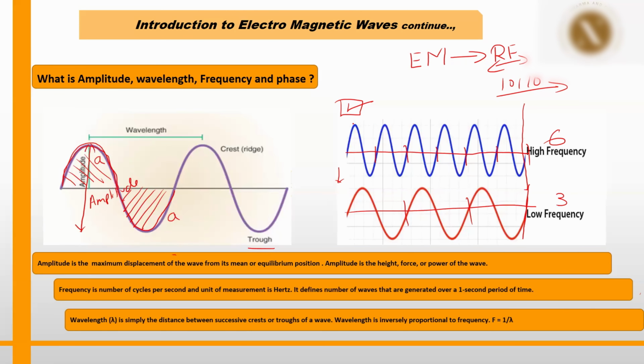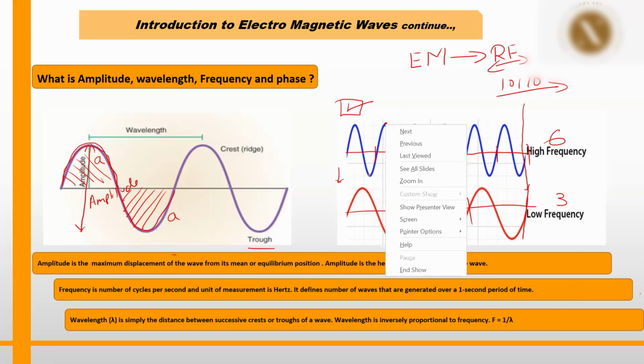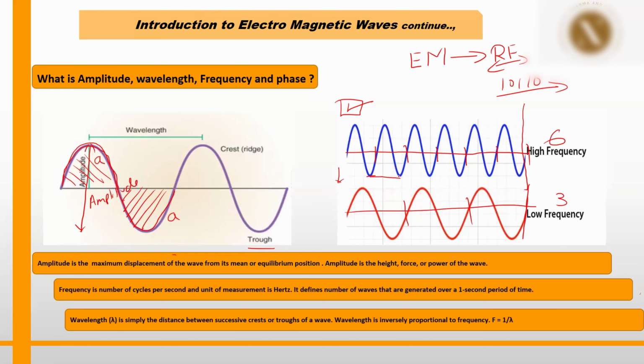The wavelength is the distance between the two crests or the two troughs. So that is wavelength.